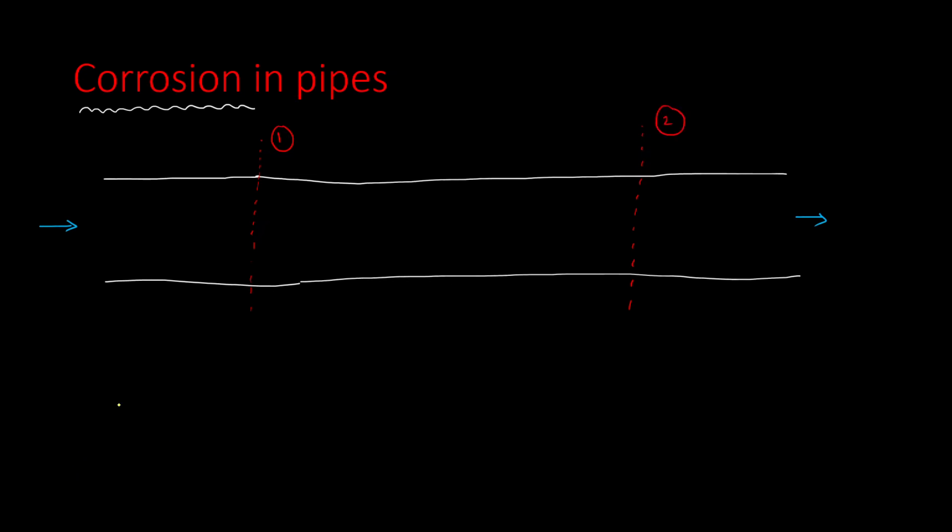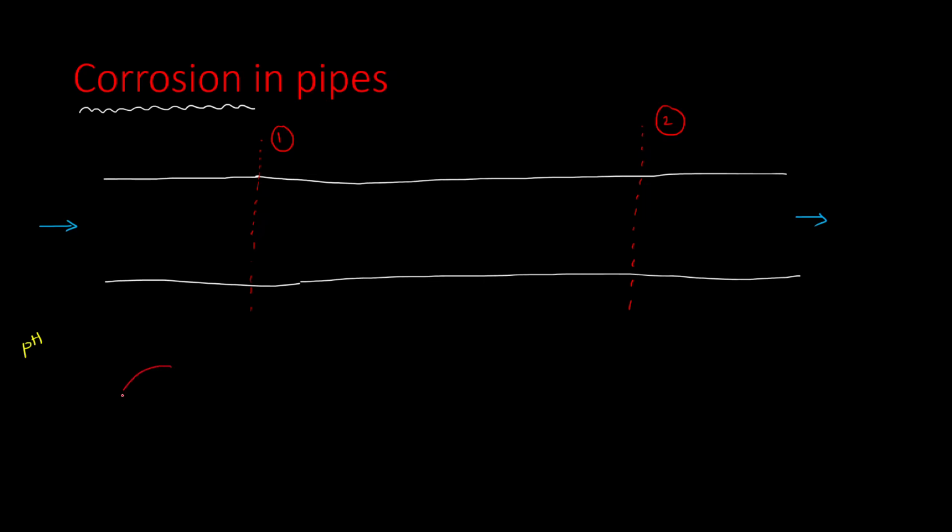Now, if the properties of water are not within the prescribed limit, let's say if we talk about pH, if the pH of water is not properly maintained, then there is a possibility of corrosion of the surface of this pipe. So this section 1 I am drawing it here.